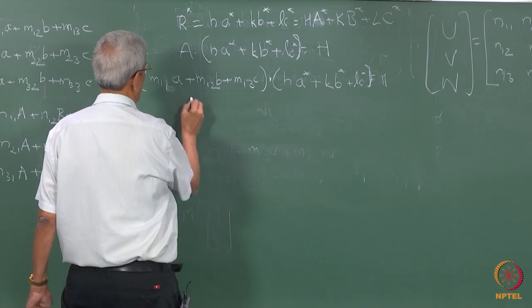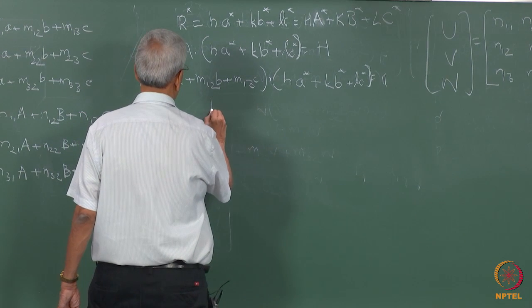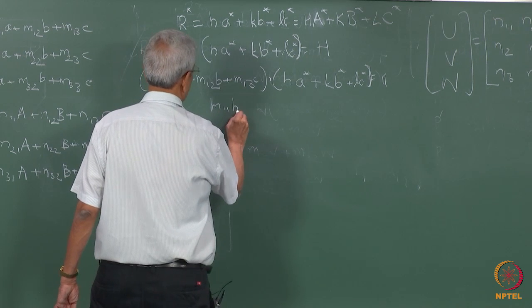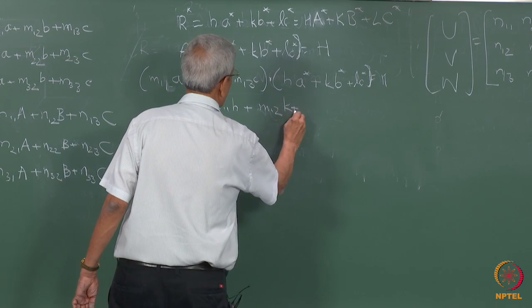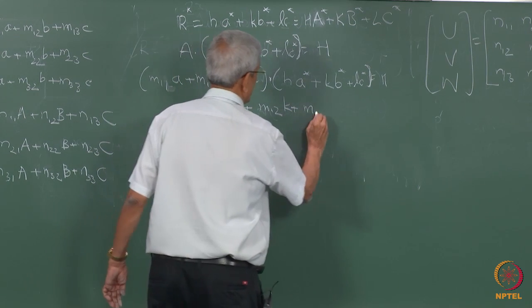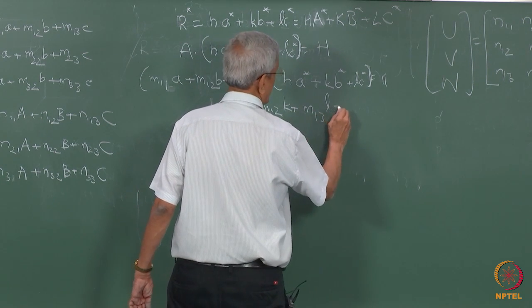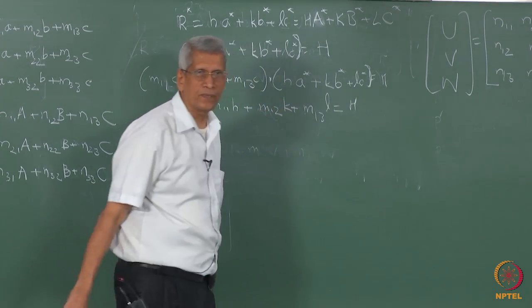And here if we take the dot product, what terms are going to be there? M11 into H, M12 into K plus M13 into L, this equals H, correct?